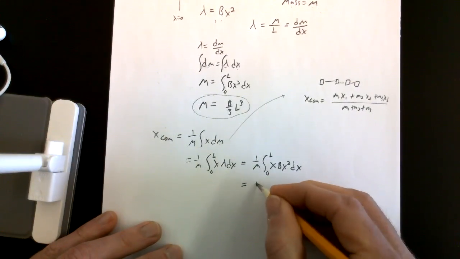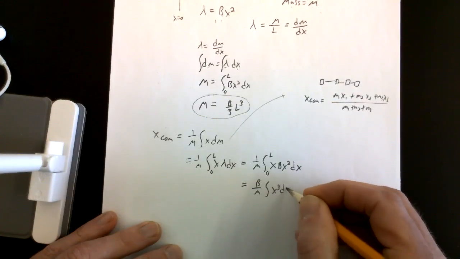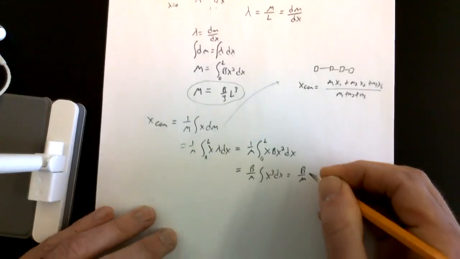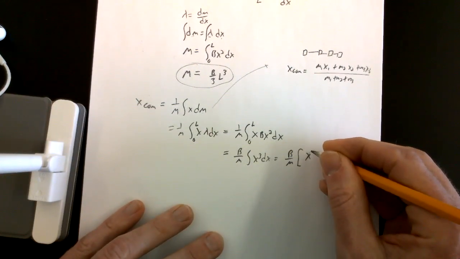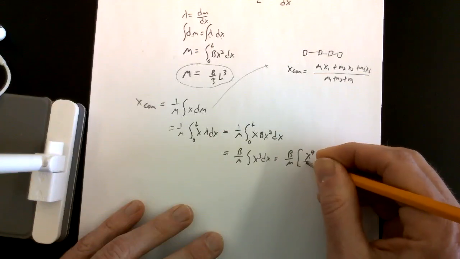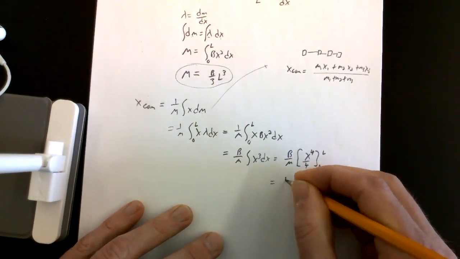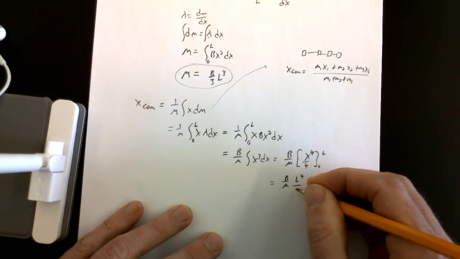I'm just going to pull the b out, b over m integral x cubed dx. That's pretty easy. B over m, and we get x to the 4th over 4 integrated from 0 to L. So that's going to be b over m times L to the 4th over 4.